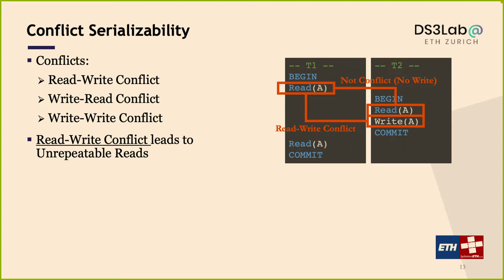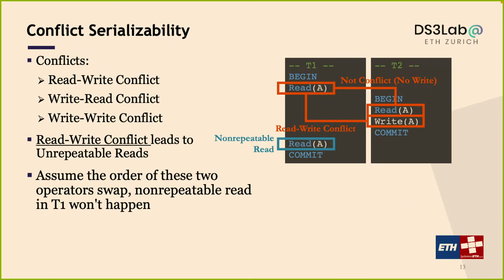So what is the problem when there's a conflict here? The problem is that when you have read A and write A, if you read A again in T1, you have a non-repeatable read. If you remember what we talked about on Wednesday, that gave you a behavior that's not serializable at all. So we do not really want that type of thing.